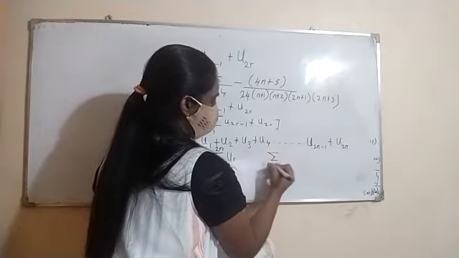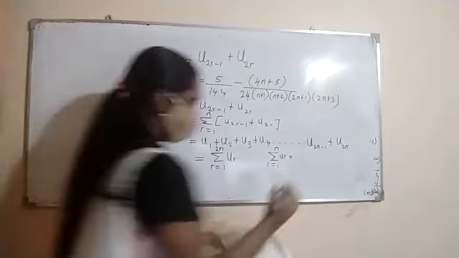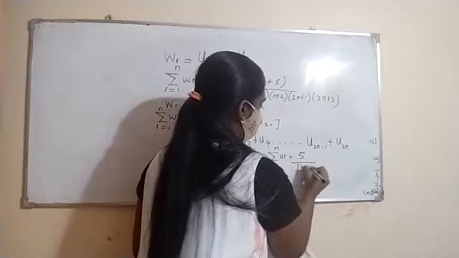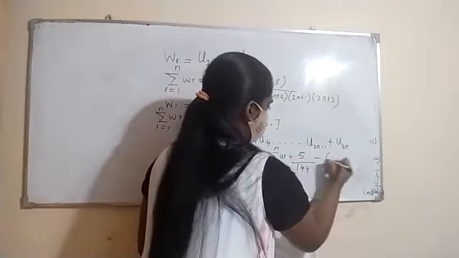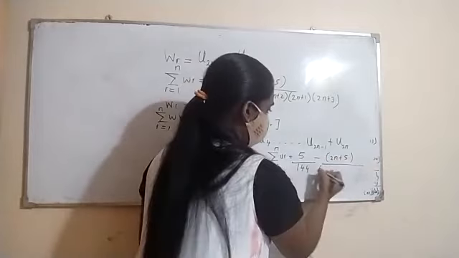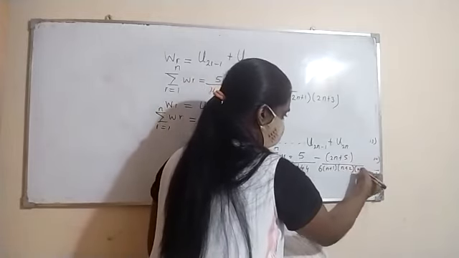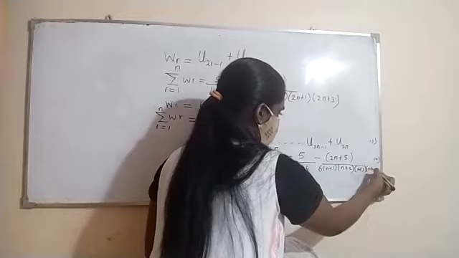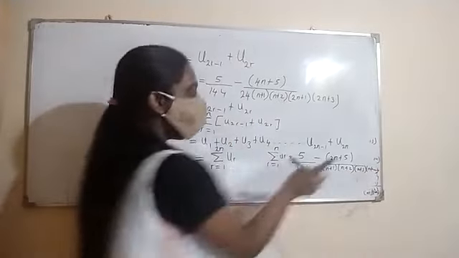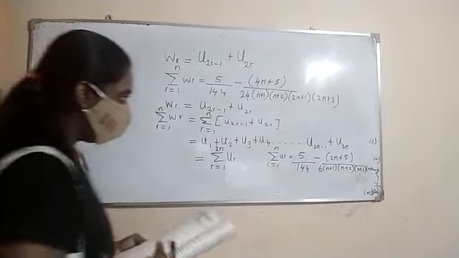Sigma R running from 1 to n UR, that expression we know. Earlier we derived it. What is that? 5 over 144 minus (2n plus 5) over 6 into (n plus 1) into (n plus 2) into (n plus 3) into (n plus 4). Okay. So in the place of n, I am going to put 2n here.